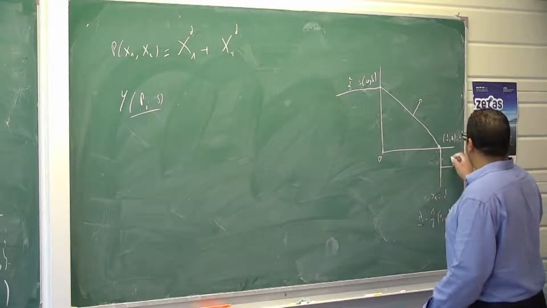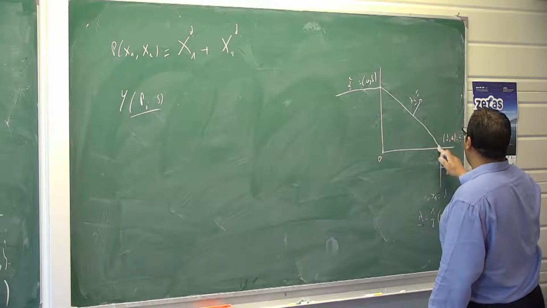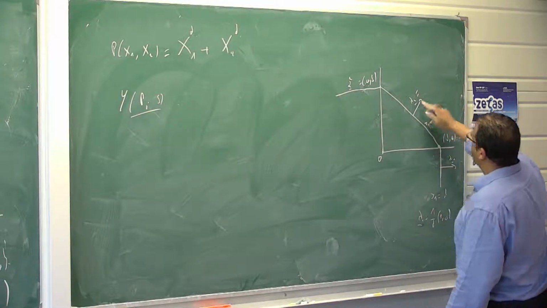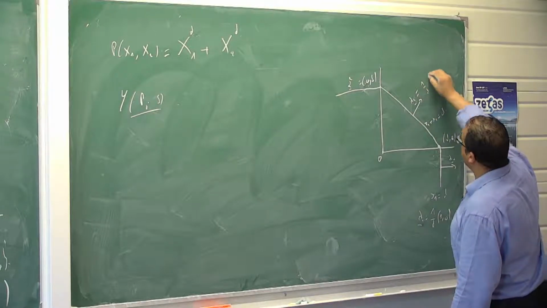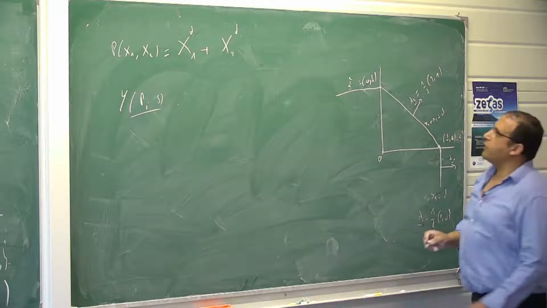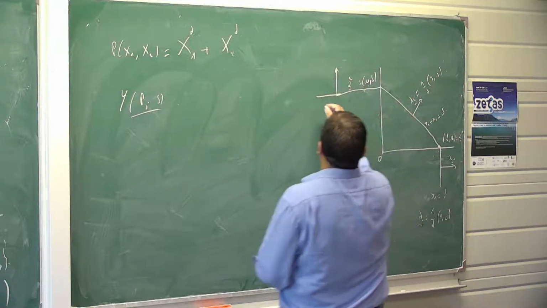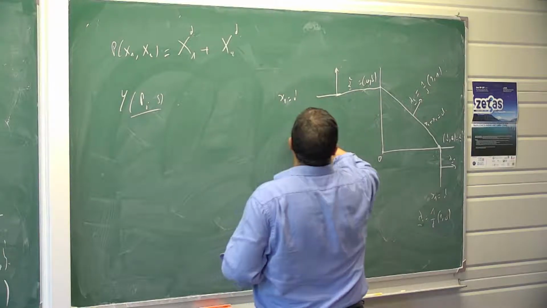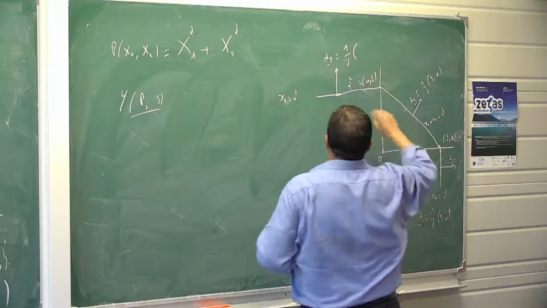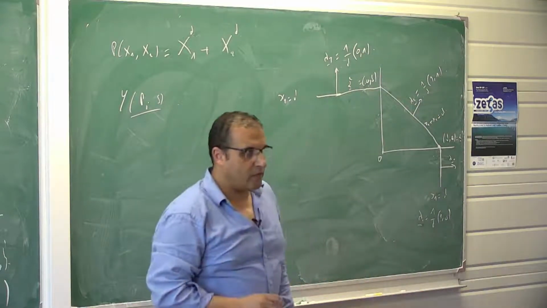The vector lambda 2: the equation here is x1 plus x2 equal d. So lambda 2 is 1 over d, (1, 1), and the equation here is x2 equal d, so the vector lambda 3 is 1 over d, (0, 1).